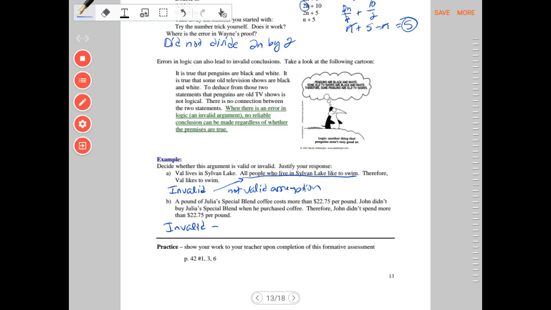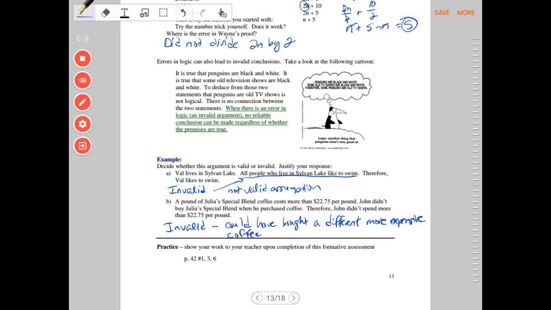So he could have bought a different, more expensive coffee, like Kona. Apparently that's the best coffee you can buy.